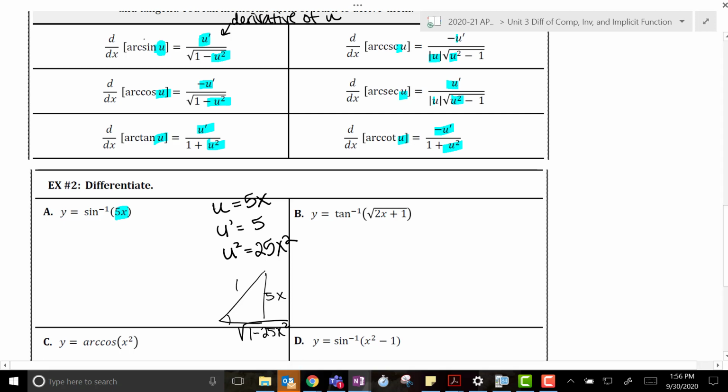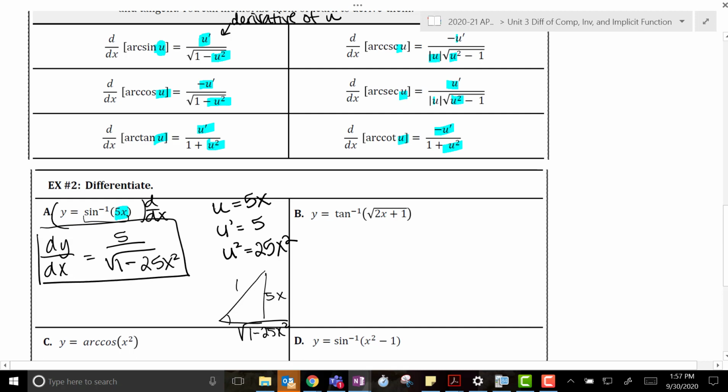If I'm asked to differentiate, d over dx, I would get dy over dx. And the derivative of this inverse sine function is the derivative of u, which is 5, over the square root of 1 minus u squared, which is 25x squared. Put a box around it, and you are done.